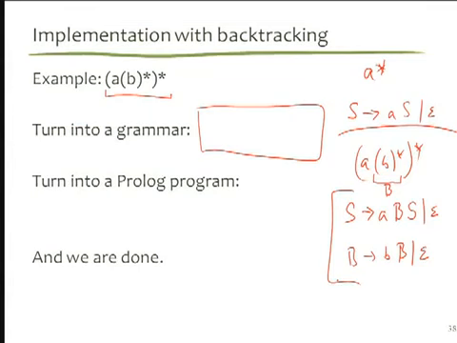Right, so checking whether a string has so-called balanced parentheses. Checking that the number of these parentheses and these parentheses is the same. That they are balanced. Why can't I do it with regular expressions?